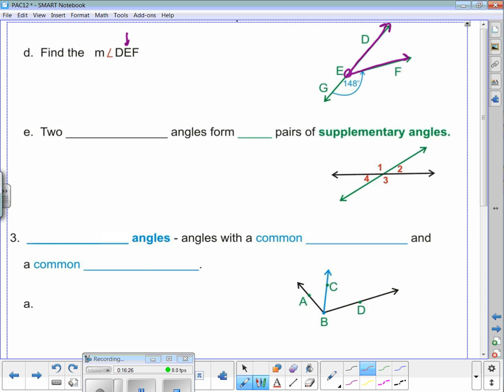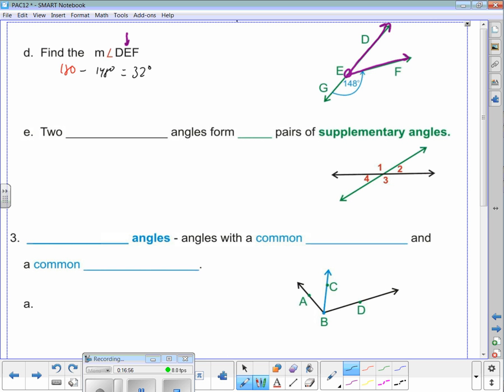So again, then you're going to say, that's just 180 minus the angle I know, which is 148. Or again, you're going to start at 148, count up to 180. Either way will get you there. But what's the measure of angle DEF, Nick? 32 degrees. And again, you got a calculator, so don't miss those. Those aren't supposed to be hard.